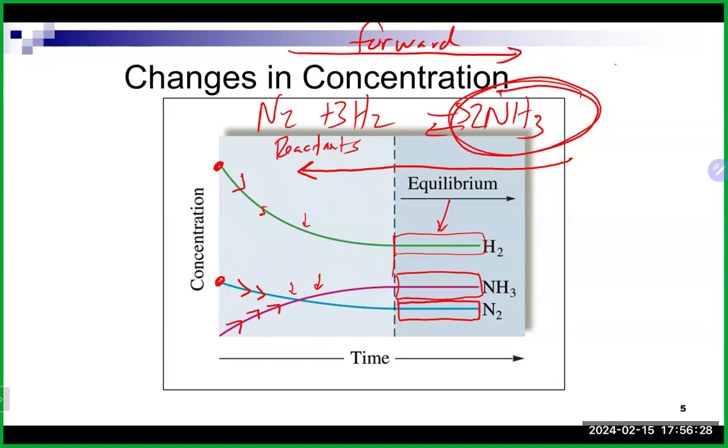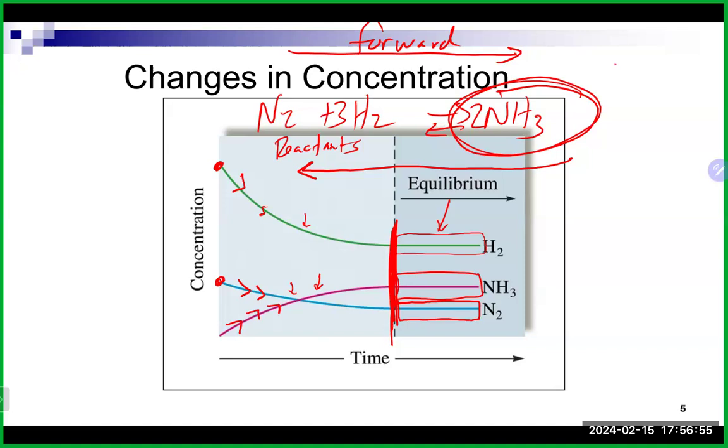And that point where they all pretty much flatline is the point where chemical equilibrium has been reached. And they will maintain that way all the way through unless you do something to screw it up, which we'll talk about at the end of this chapter, stuff you could do to screw up the equilibrium. But basically, if you don't do anything to it, it will just maintain its concentrations all the way through.